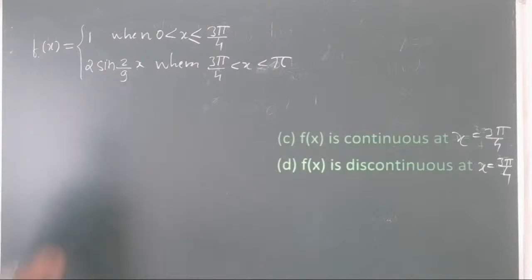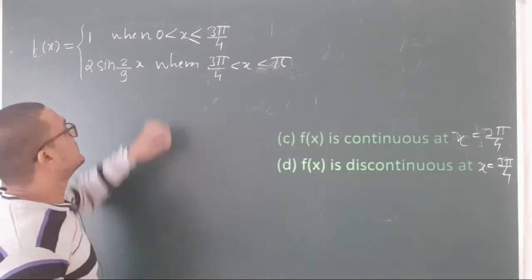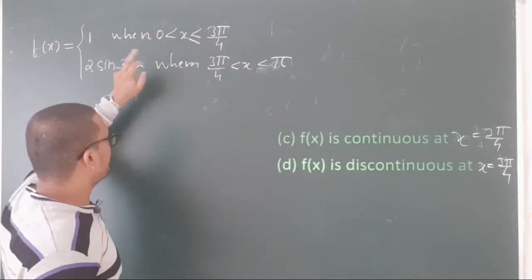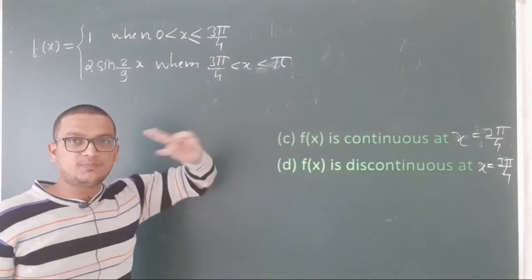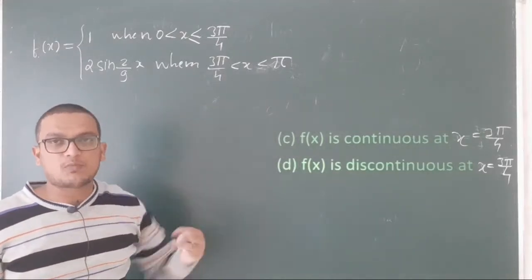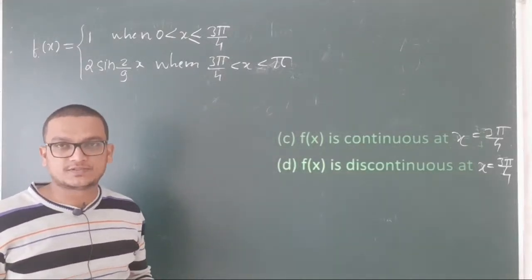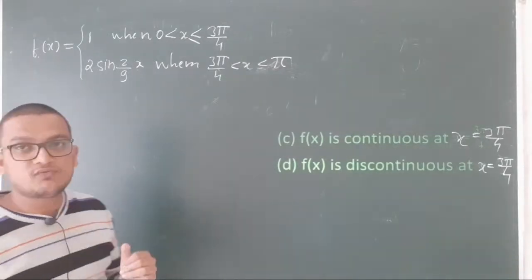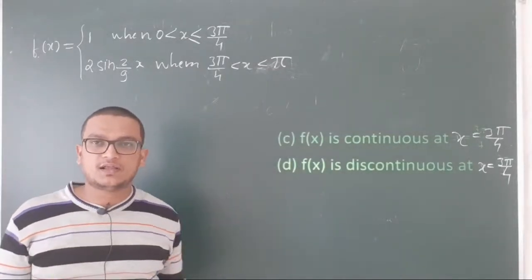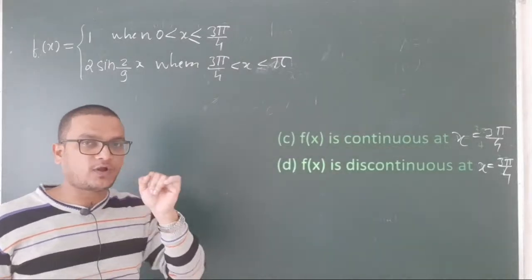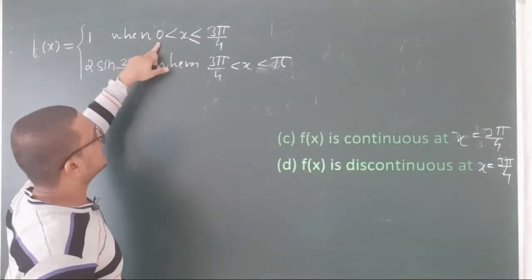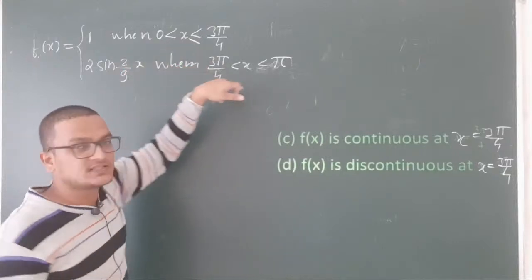In this function, what is the limit point? For x there are 3 values: 0, 3 pi by 4 and pi. Among those, which are the actual limit points? The point which is present for greater than as well as for less than is the one you consider as a limit point. x is greater than 0, but do we have x less than 0?